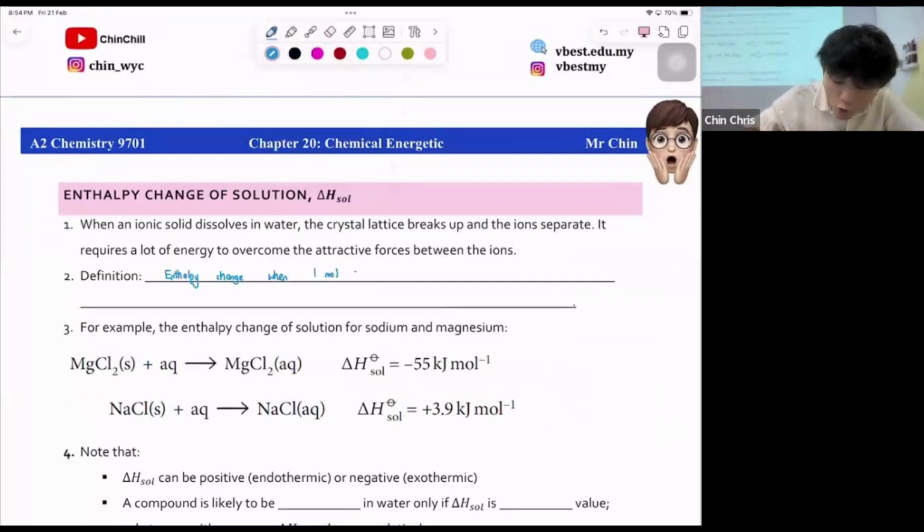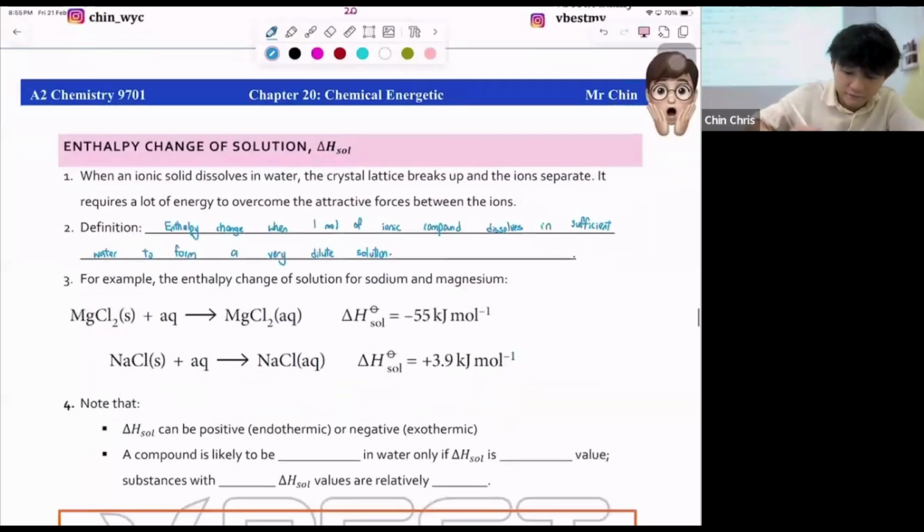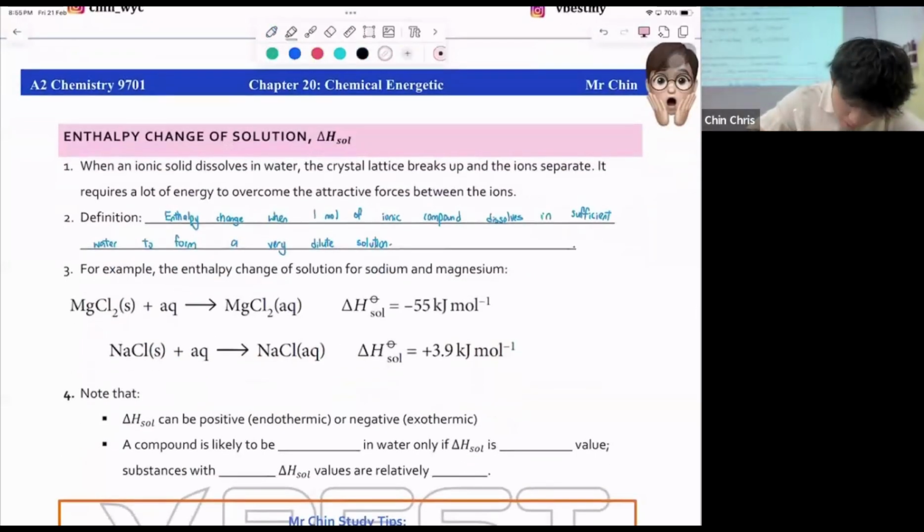When 1 mole of ionic compound dissolves in sufficient water to form a very dilute solution. So 1 mole of ionic compound dissolves in sufficient water.